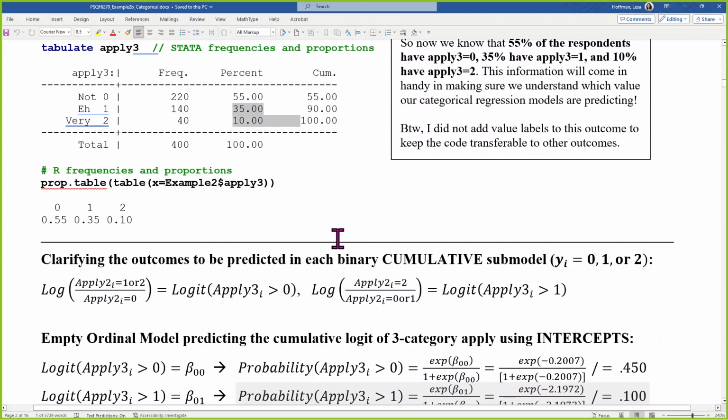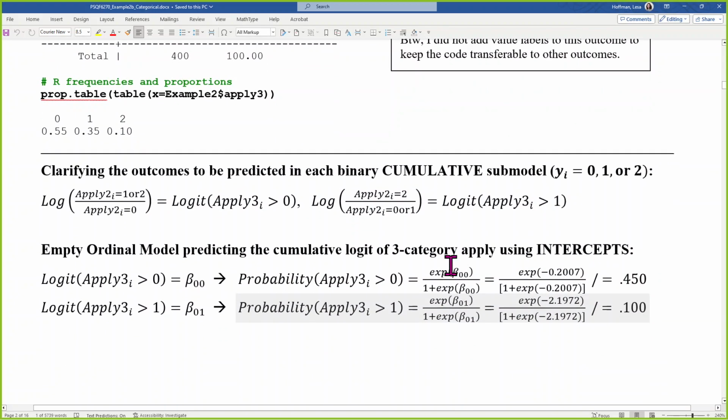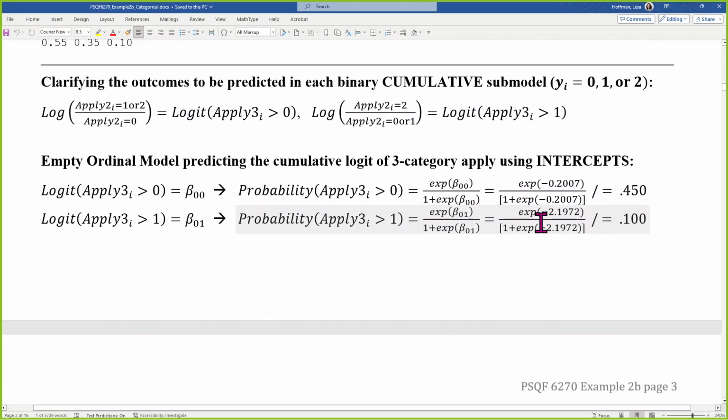That's these two put together, 0.45 in proportions. That's what I should get. The second submodel, if it's predicting just the probability of a 2 instead of a 0 or 1, I should get a proportion back of 0.10. Here are the values of the intercepts in logits that you're about to see on the next page that make this work.